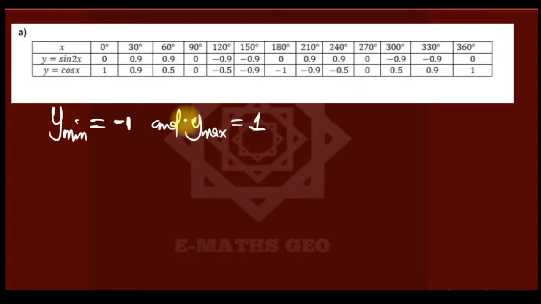So we know that our graph will not exceed minus 1 and 1. The maximum is 1 for the y-axis and the minimum is minus 1. And for x, we have no negative values, so they are all positive values. This will help us to locate the origin. That's the essence of knowing the minimum and maximum.